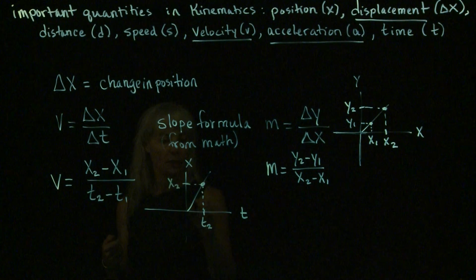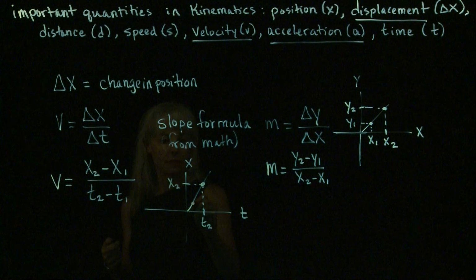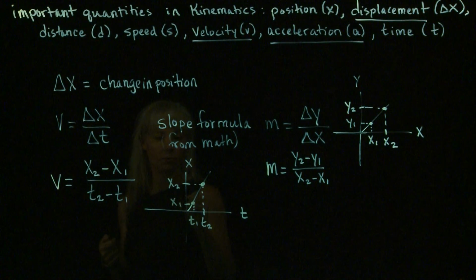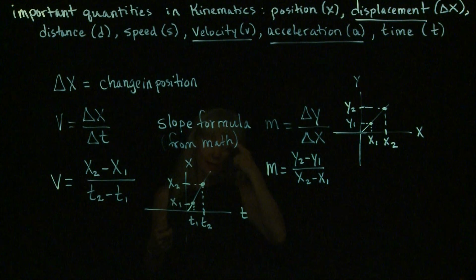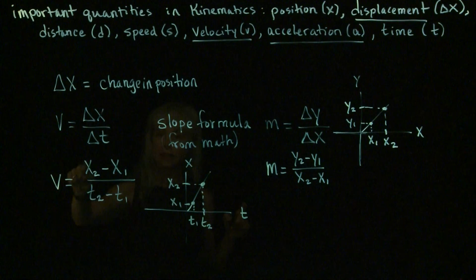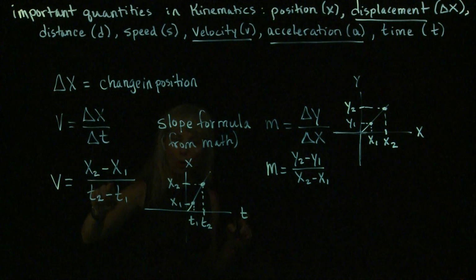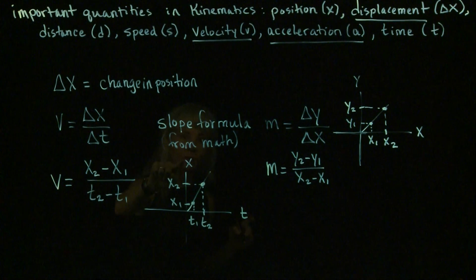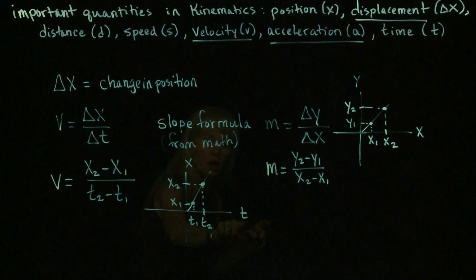At some earlier time, T1, the object is at position x1. So notice that velocity then is the rise over the run on the position versus time graph.